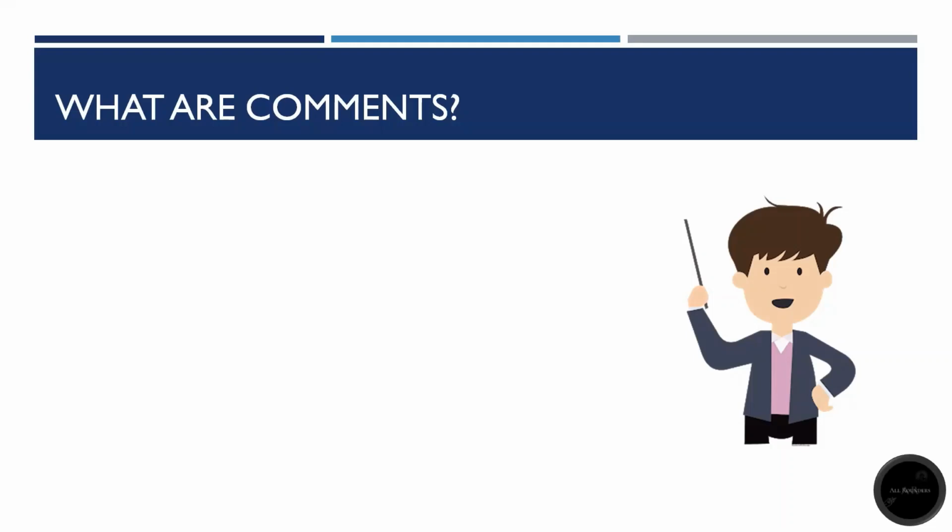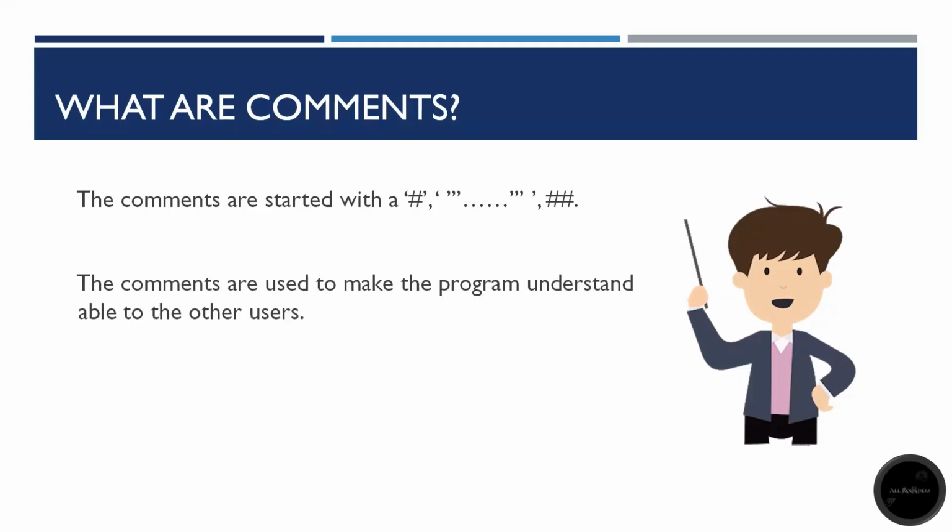So guys, what are comments? Comments start with a hash or triple quotes or a double hashtag. Comments are used to make the program understandable to other users. If you write a program in Python that is too complicated for other users, it is understood by you only, and it is not understood by any other user who reads it.